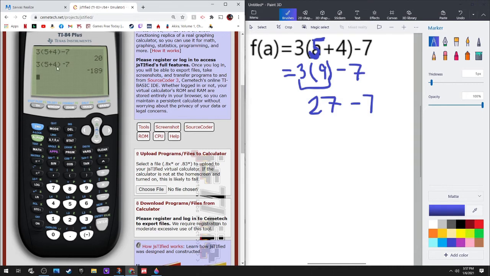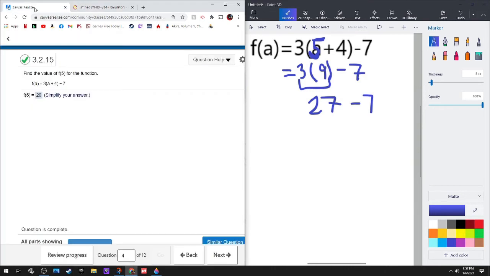What the calculator actually did was, instead of subtracting 7 at the end, it multiplied by a negative 7. So it took 3 times (5 plus 4), then it did times negative 7. So the calculator is being a little bit silly with that, and that's why we want to be careful when typing things in, and not solely rely on the calculator to think for us, because it's just going to do the work. It doesn't always know what it's doing.